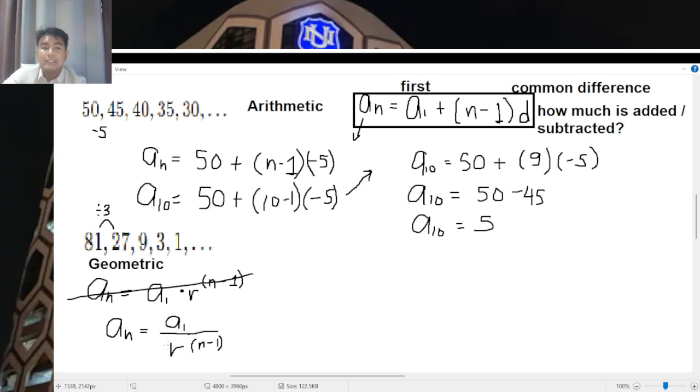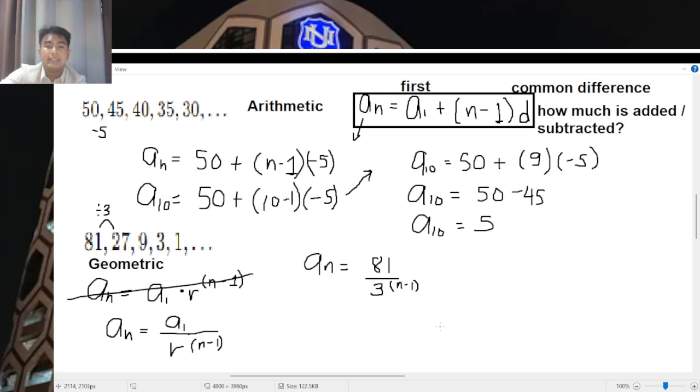Let me just substitute the first term and the ratio. So a sub n is equal to the first term here, which would be 81 divided by how much? It's divided by 3. So there you go, 81 divided by 3. And then just write here the sequence n minus 1, so that would be 3 raised to n minus 1.